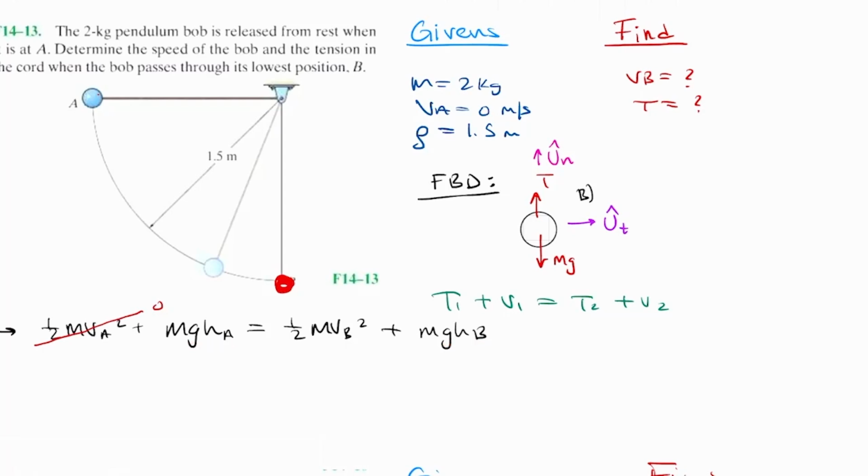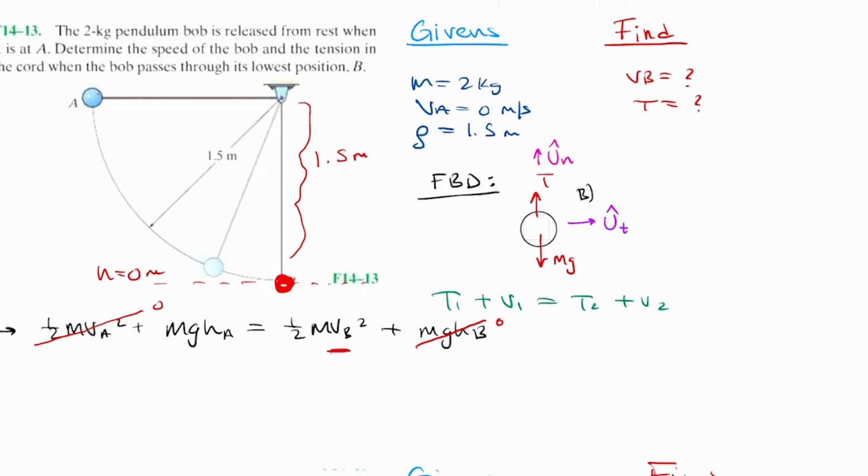So we can rearrange to solve for vB. Let's mark our datum, our reference point. If we say that right here at the end is state B, our height is equal to 0 meters. Then the potential energy for state 2 will be 0, since that's our reference point. My height at state A is the length of the cable, so that's 1.5 meters.